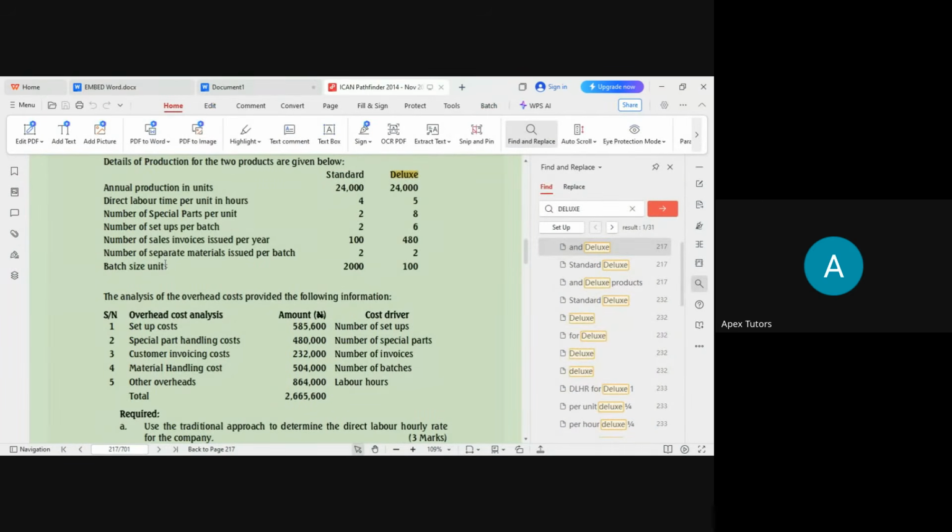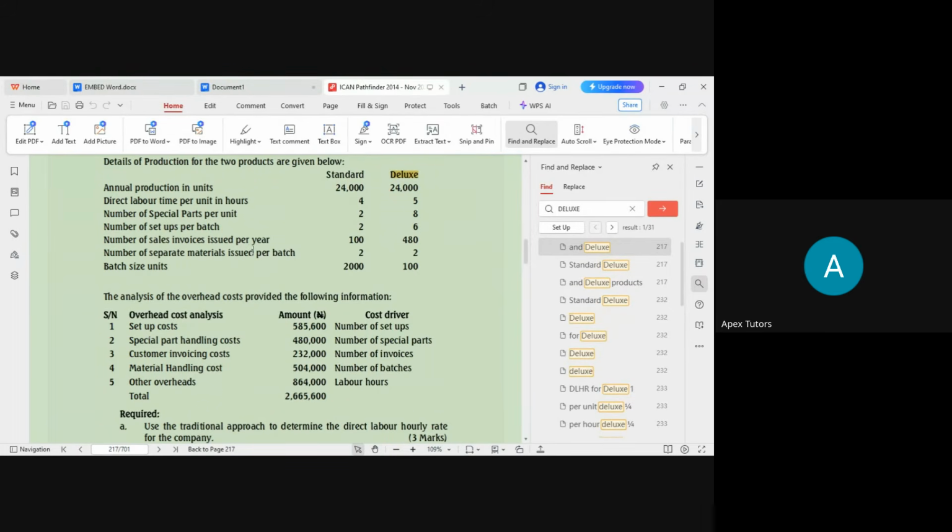Now, still on the question, this is the overhead cost analysis. These are what we are concerned about. So somebody should respond to a question I saw on the chat box. The person is saying we have this number of separate materials issued per batch.